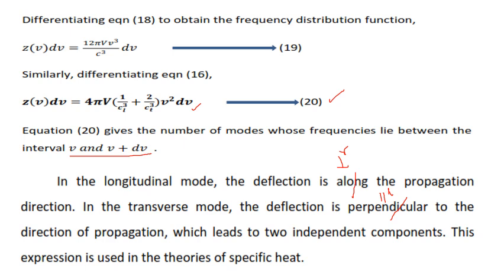So this is the modes of vibration in three dimensions. In this class we saw modes of vibration in one dimension and in three dimensions. We will meet in the next class with these specific heat theories.